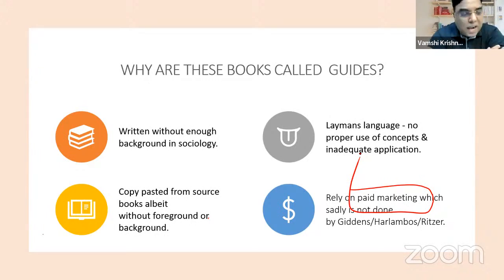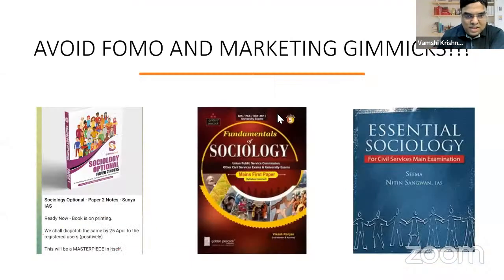Unfortunately, Giddens, Haralambos and Ritzer, the three standard books that you read in paper one, they don't know about India and UPSC. Had they known about India and UPSC, they would have also promoted their books. Unfortunately, they are there in UK and US, so they are not bothered. Unke hi books are copy paste karke, they are selling it as it is a original analysis.